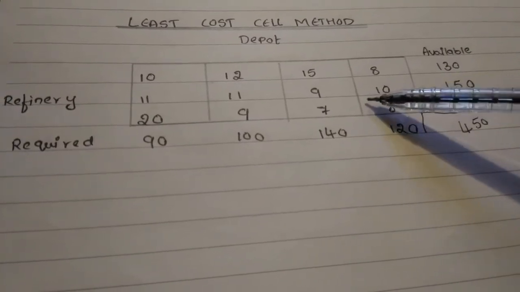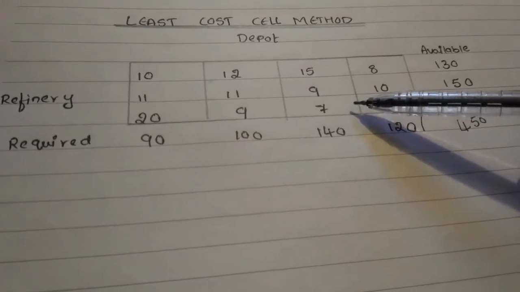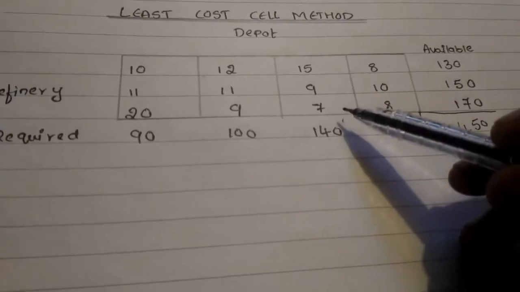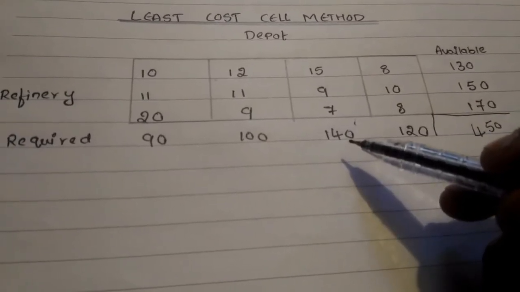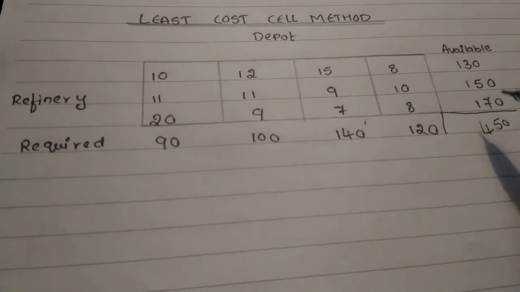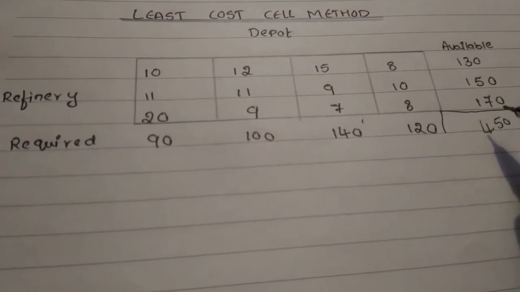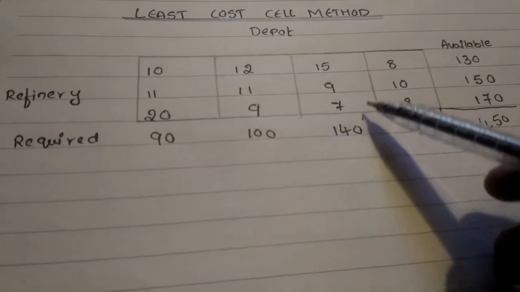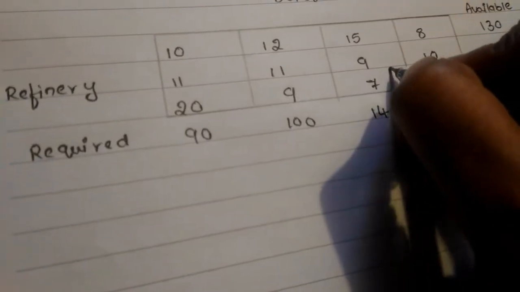Since 7 is the least value in the whole matrix, that will be the first cell to be iterated. Now for this cell 7, find out the demand and the availability. The demand here is 140 and the availability is 170. So we could easily satisfy the demand of this cell. So let me just mention 140 here.